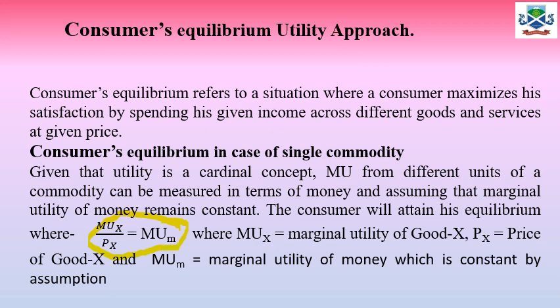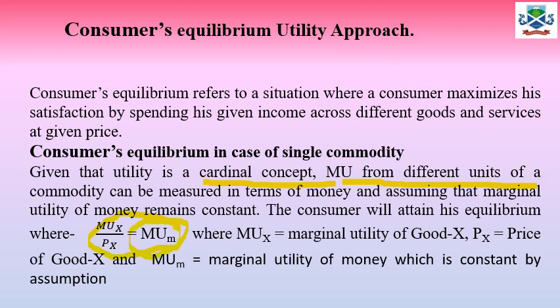So the first assumption is that utility can be measured in terms of quantity, and the marginal utility goes on diminishing, so the law of diminishing marginal utility will be applied. Marginal utility of money remains constant, the MUM.